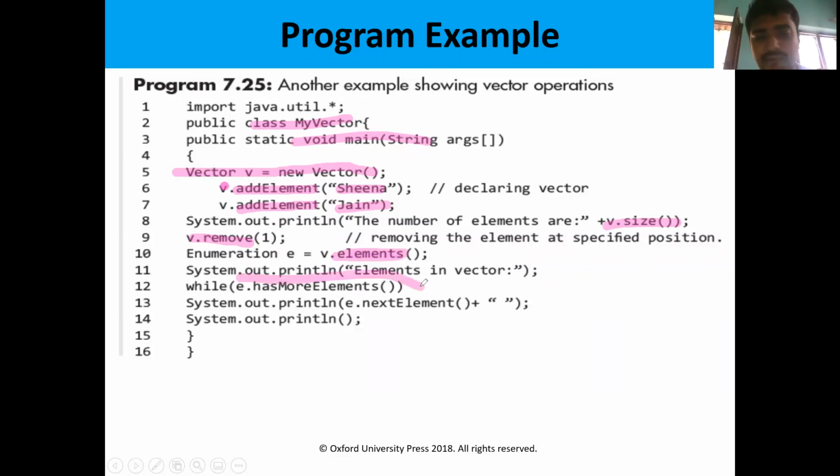Then he is displaying the elements in the vector. While e dot hasMoreElements is true, he is going to print the next element. For the next element, he has the method e dot nextElement.